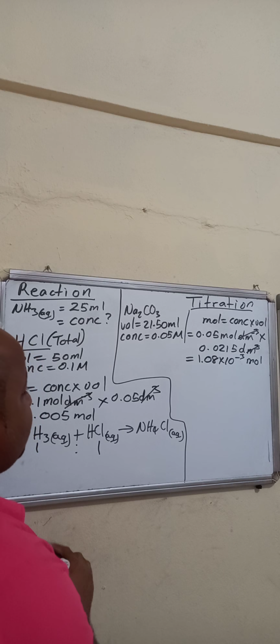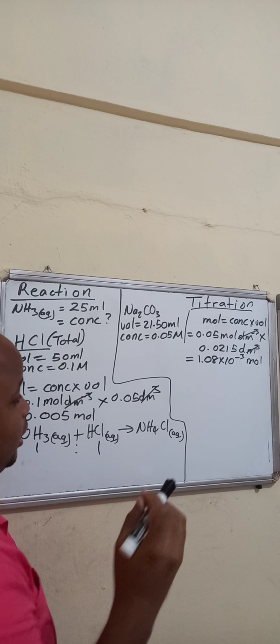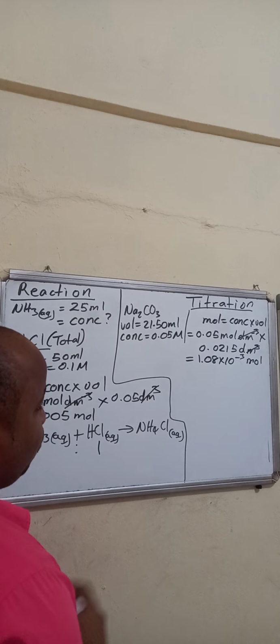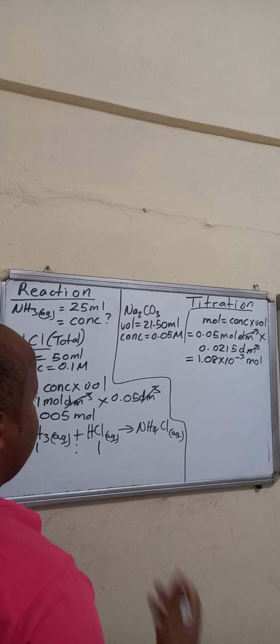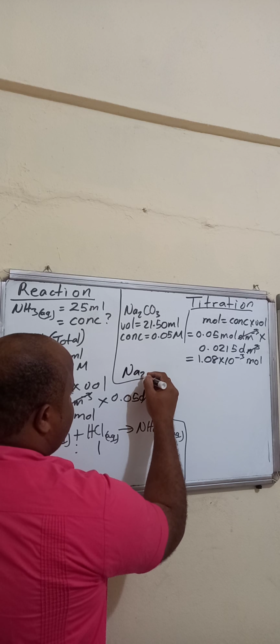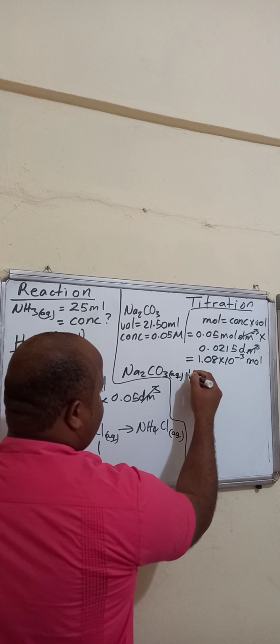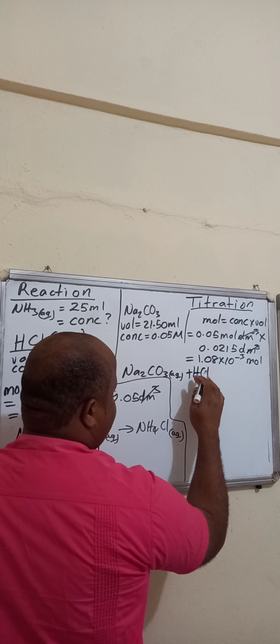Alright, so that's the amount of moles of sodium carbonate that was used in the titration. So that is the amount of moles that was used to neutralize the excess hydrochloric acid. So at that point, let's go ahead now and write our balanced equation for the titration. So it's between sodium carbonate and hydrochloric acid.